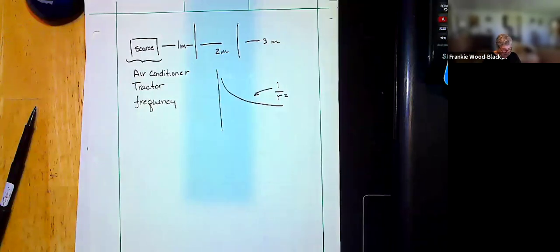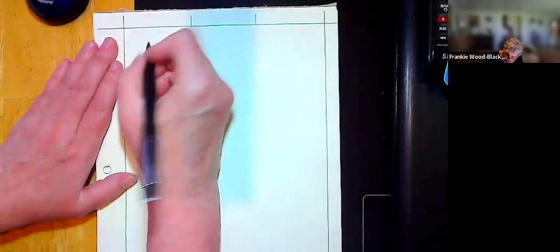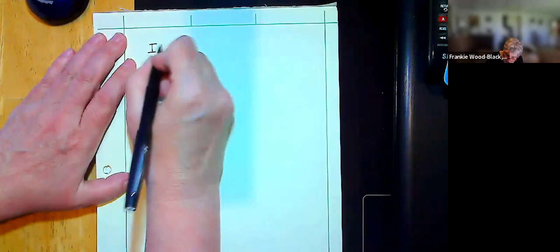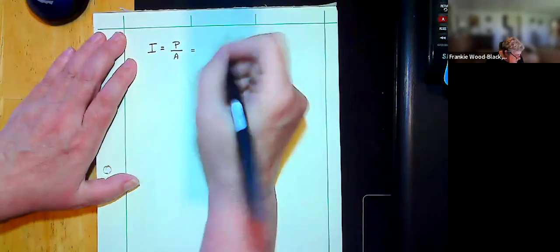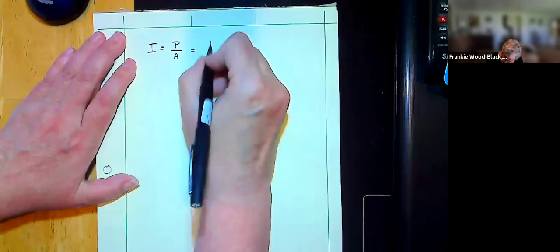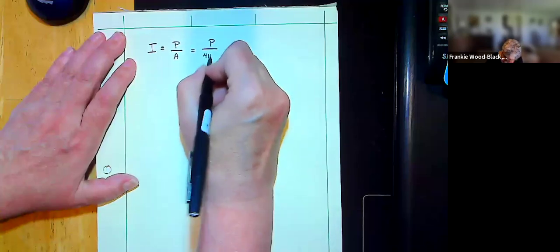Part of our problem is human hearing, so let's look at that. We talked about intensity being power divided by area, which is power divided by 4 pi r squared.